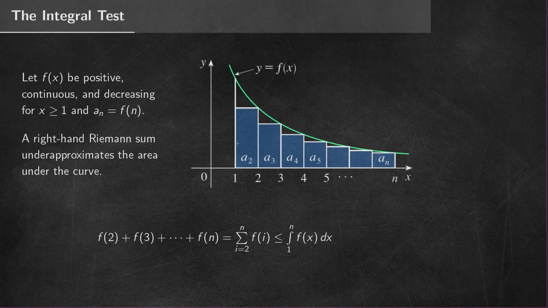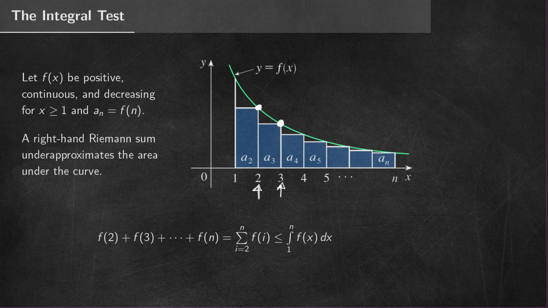If it's a right-hand sum, then the first height happens here when x is 2. So that's going to be f of 2, the height right here. This value f of 2 is the height of that first rectangle, times the width, which is just 1. And then we have f of 3 as the height of our next rectangle. And so it's just the height times the width of 1.